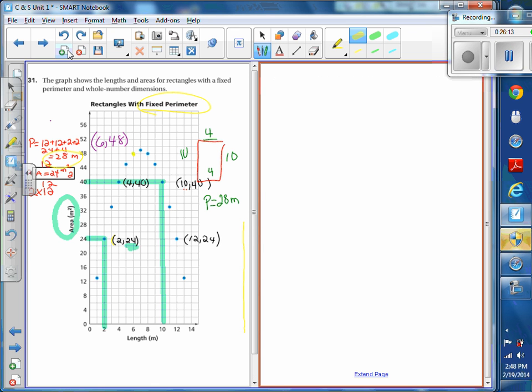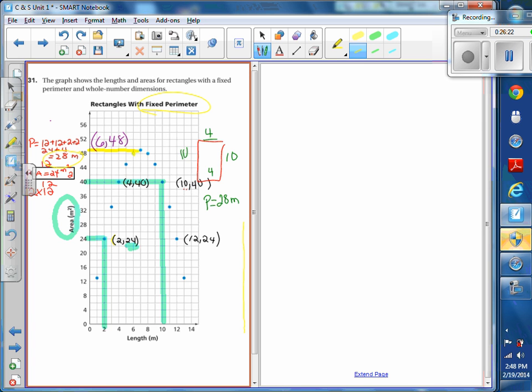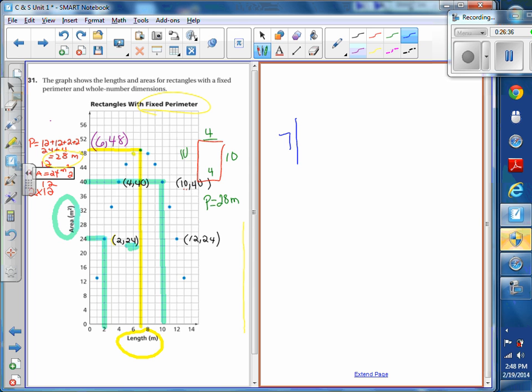I was using the highlighter, and the highlighter acts as a straight line tool. I found the highest dot here, and I project it down on the grid. I see that it falls right between 6 and 8, which is my length. So my length is 7.